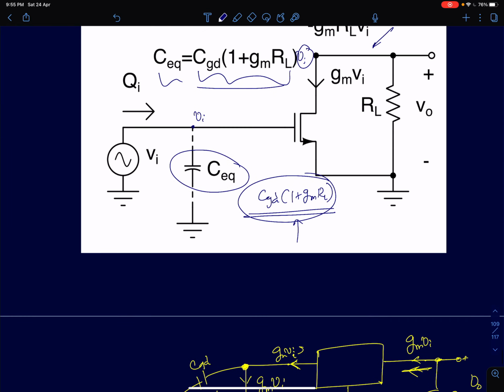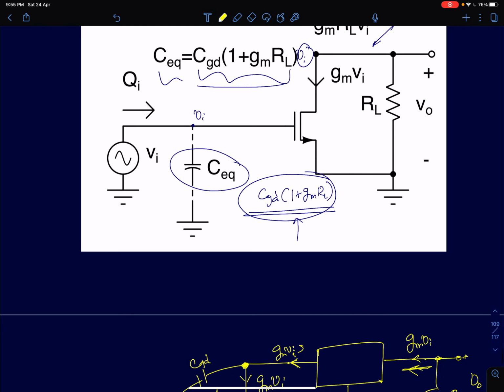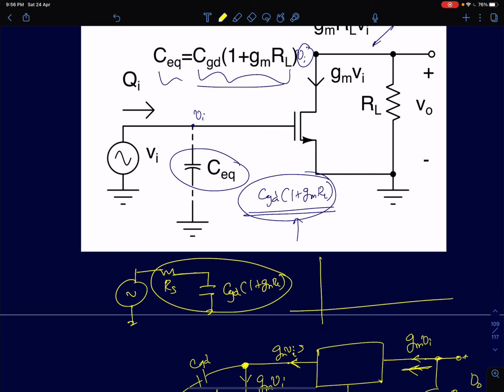Now, what problem does this create? The input source has a finite source resistance, and when that source resistance sees this large multiplied capacitance, CGD times (1 plus Gm RL), we are going to have a very low frequency pole. The pole will occur at 1 by RS times CGD times (1 plus Gm RL).